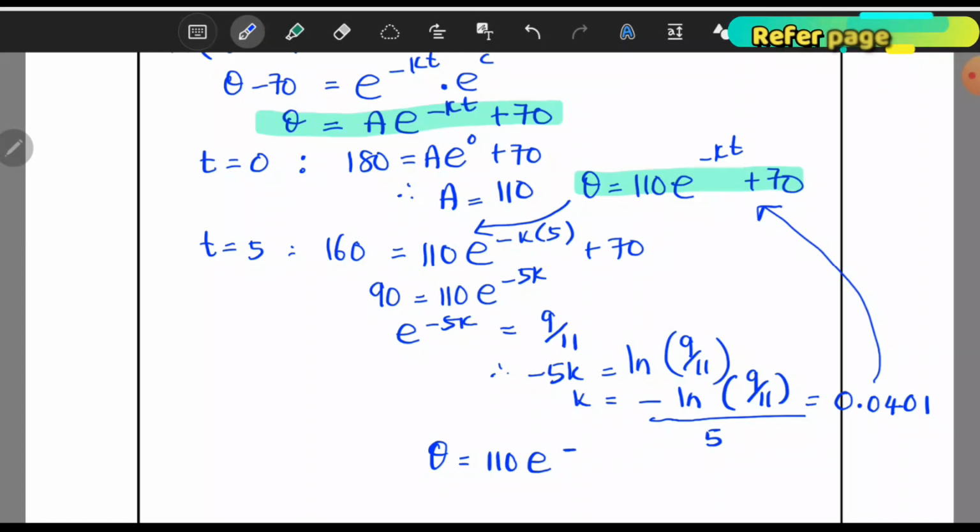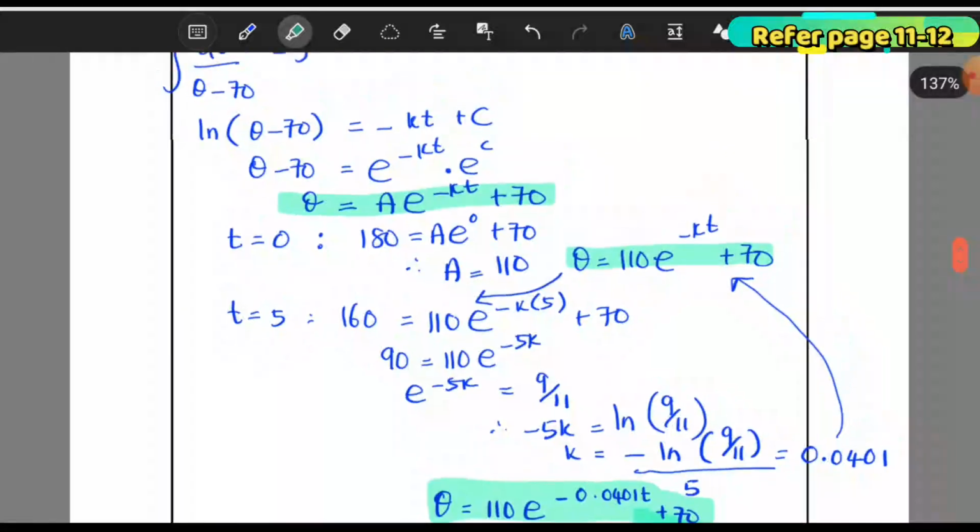And here becomes 110 exponent negative 0.0401 t plus 70. So this is the final equation after we got k and A.